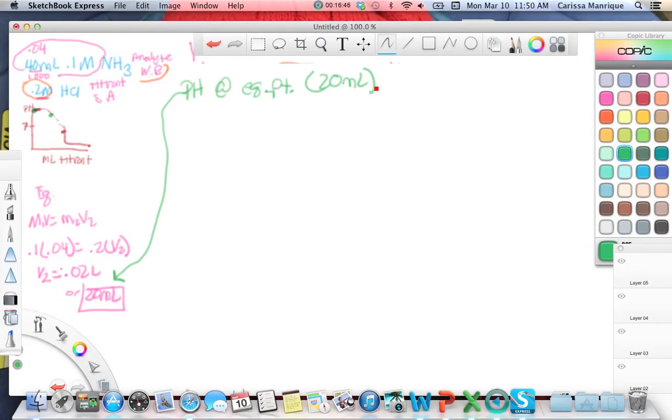Okay, so for this one, a weak acid, strong base type problem, all of your analyte, which is always your weak one, has changed. It's the opposite.